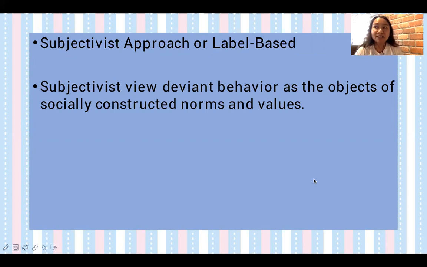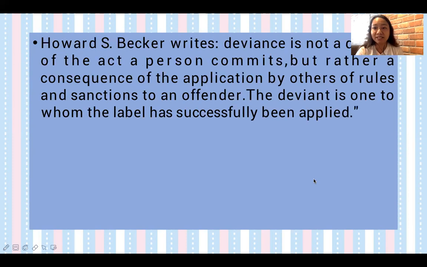So the way you define an action, the way you would say that a certain act is deviant or not, is based on your own labels or your own construct or judgment or stereotypes. So the reasons that you have.